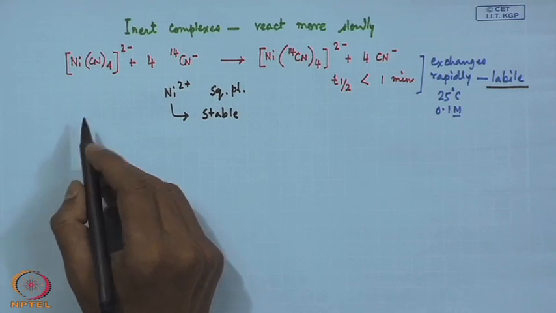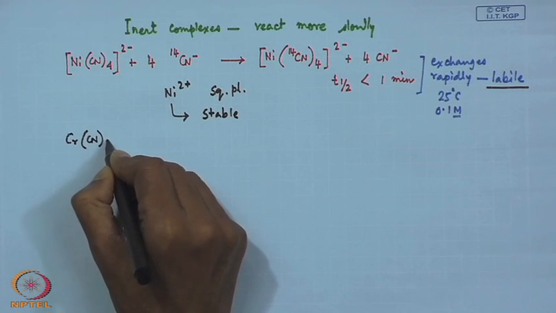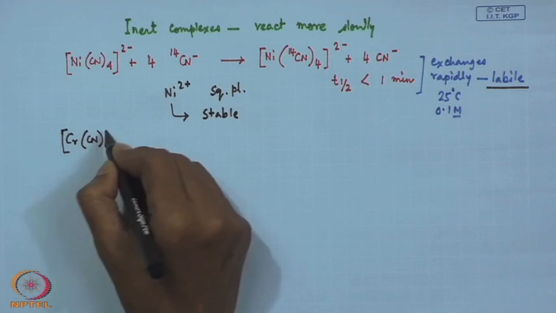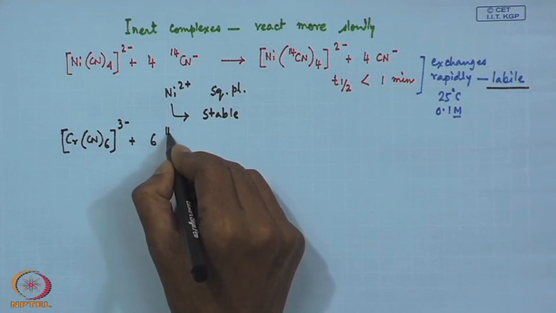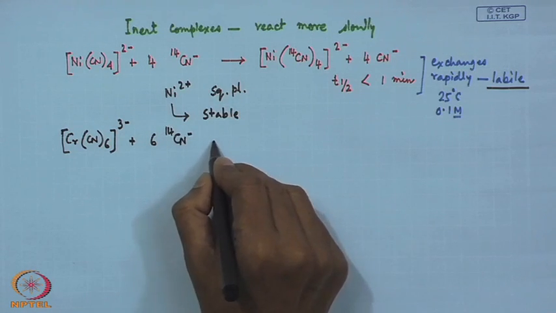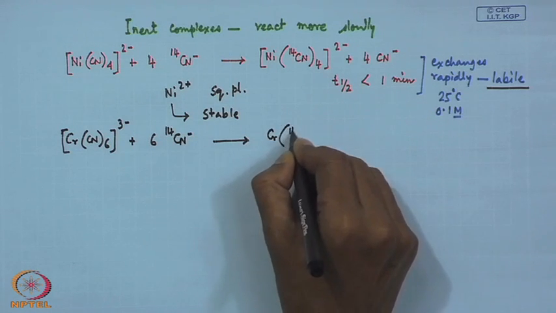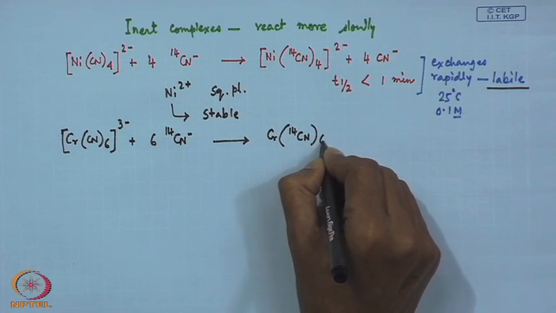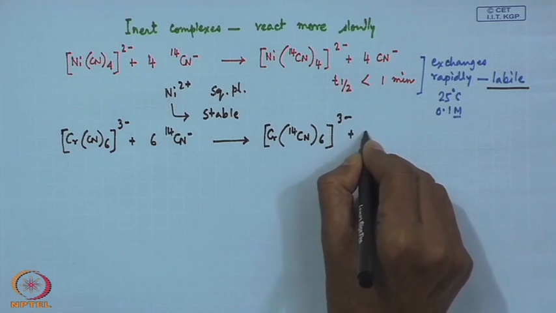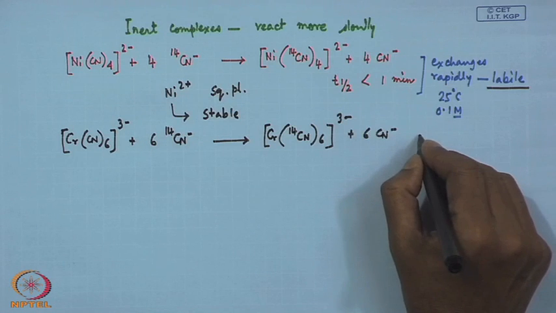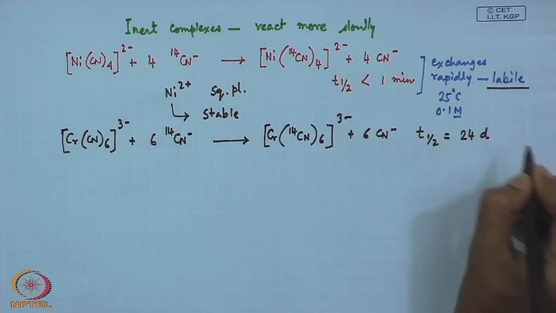Similarly, in case of another cyanide complex, which is hexacyanochromium, when it exchanges with radio labeled cyanide, we get 14CN, the chromium hexacyano 3 minus plus 6 CN minus, and in this particular case our T half is 24 days.